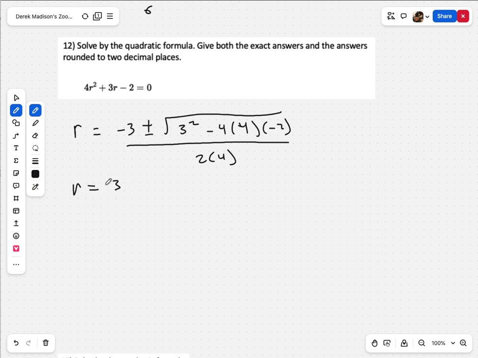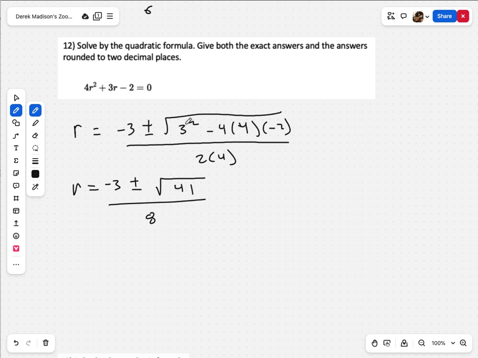So that's going to be negative 3 plus or minus, that will be 9, and then 8 times 4, 32, so 9 plus 32, that would be 41. Let me just rewrite that. Over 8.